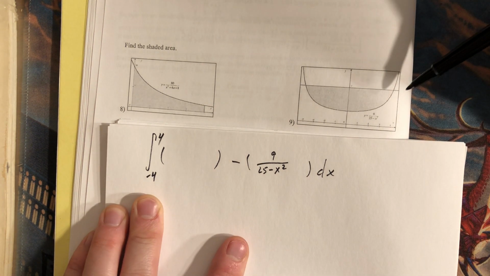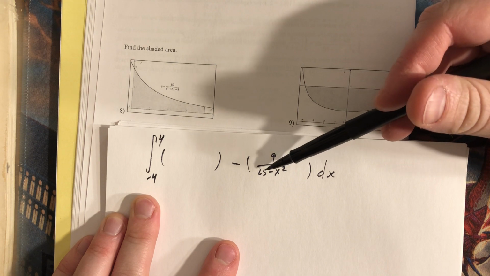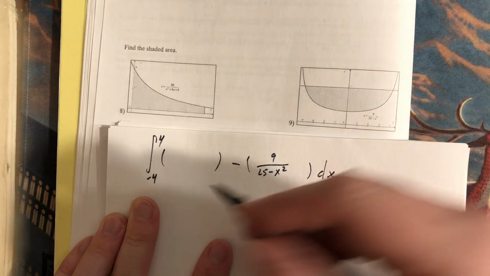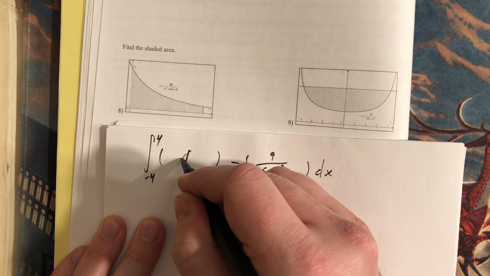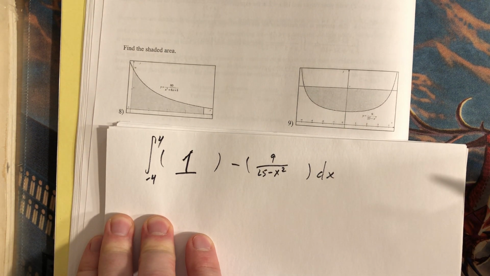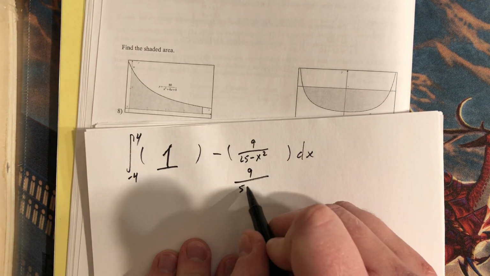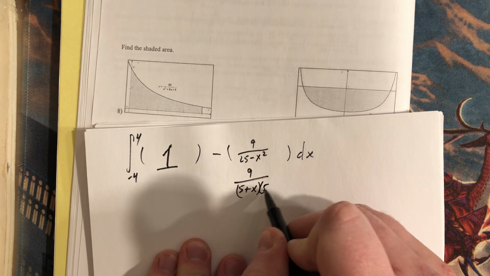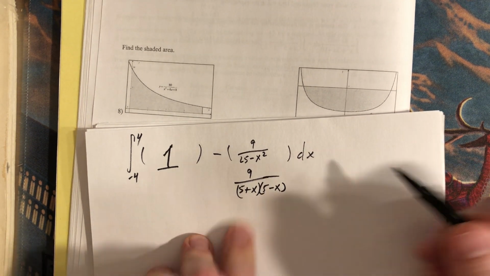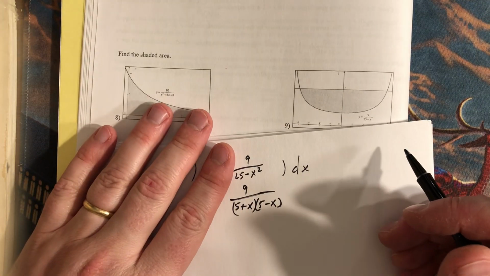Well, if they intersect when x is 4, 25 minus 16 is 1. And if you're wondering why this is in here, 9 over 25 minus x squared is 9 over (5 plus x)(5 minus x). And I can do partial fraction decomposition, get a nice easy integral, plug in the 4s.